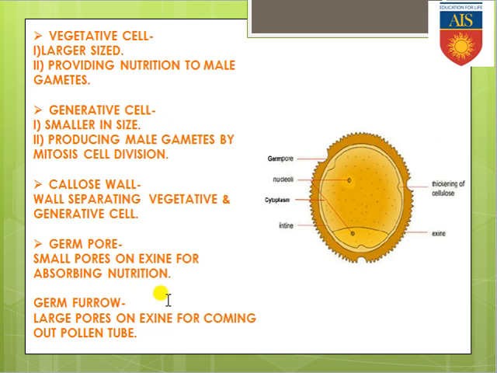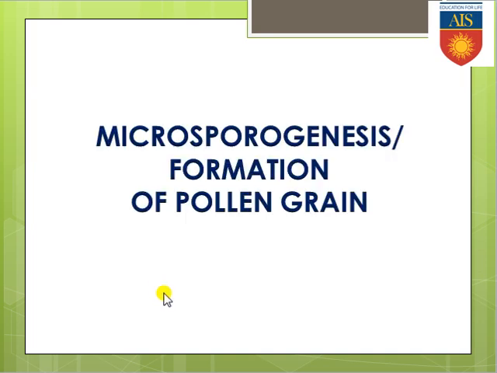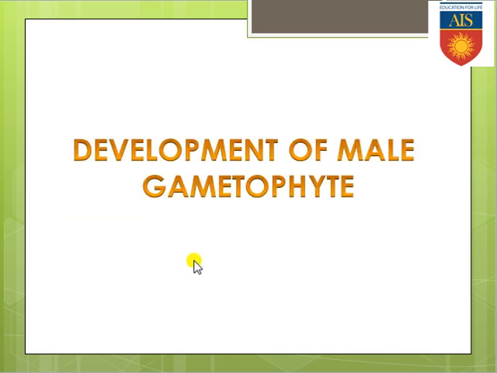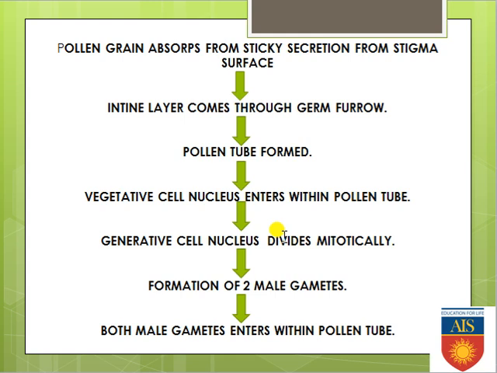Then there is the presence of germ pore and germ furrow on the surface of exine. Then we have discussed microsporogenesis, that means the formation of the pollen grain. Then we discussed how, when the pollen grain lands on the surface of stigma, the pollen tube forms and how various cell-like structures come within the pollen tube, in these two slides.